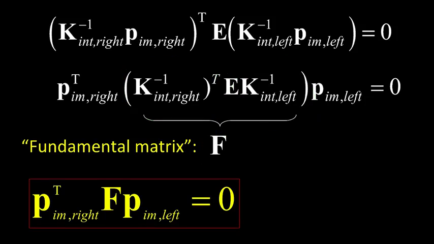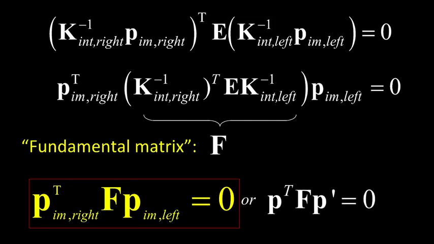It just says that P transpose, of the image point on the right, so this is from the image now, times F times P in the image on the left, equals 0. This is a relationship between image points, which I can just write as P transpose F P prime equals 0, P being in one frame, P prime being in the other frame.